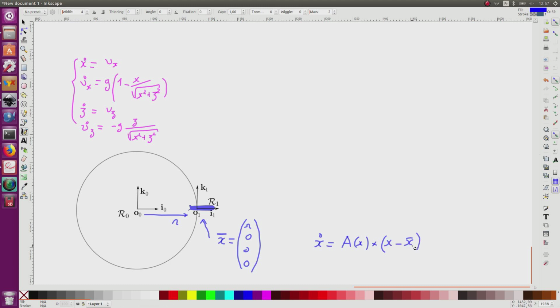So I do this. I will obtain directly in a matrix form x dot. The first is linear. This one is linear. So I write it first: v dot, v dot z equal the big matrix multiplied by x minus x bar.